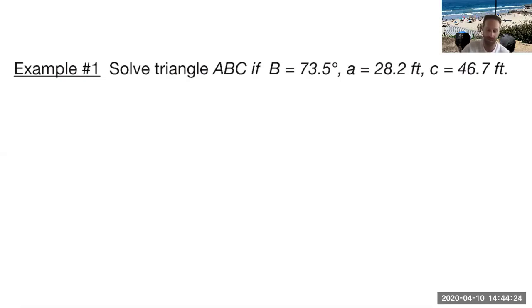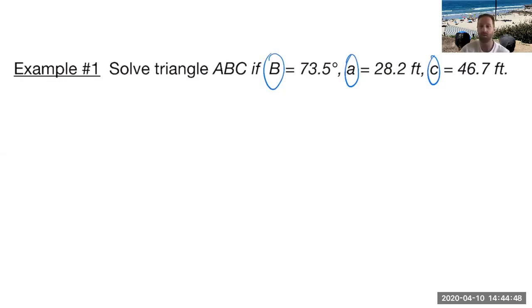And as you can see here, we only have a B, an A, and a C. Don't even really need to draw it out. All I know is that I cannot use the law of sines in the form that this is given. Now, if I had two angles, I could actually find the third and possibly use the law of sines rather than having to go the law of cosines route, which is, as we saw, a little bit more detailed.